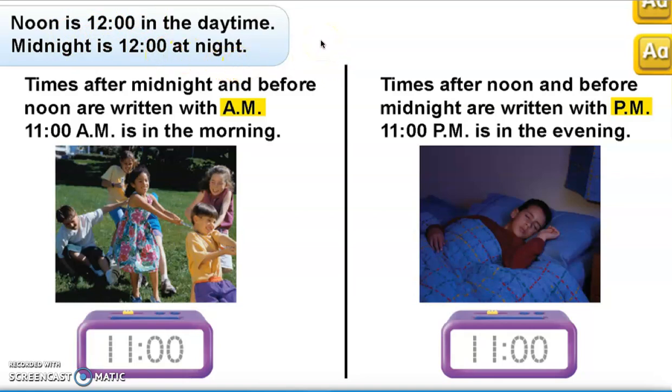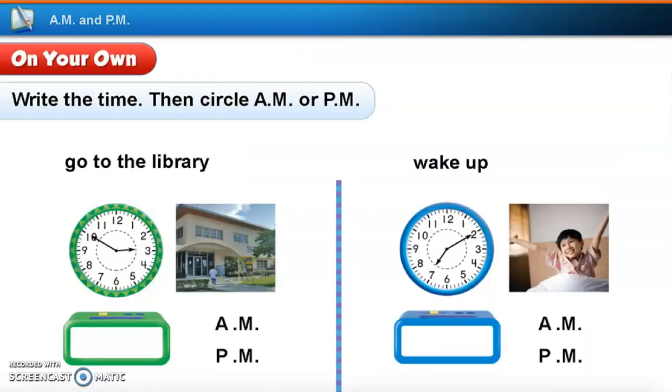So times after midnight and before noon are written with AM. So like 11:30 AM is in the morning, just like how you see here. Times after noon and before midnight are written with PM. So 11 o'clock PM is in the evening. So again, at 11 o'clock PM, you might be sleeping.